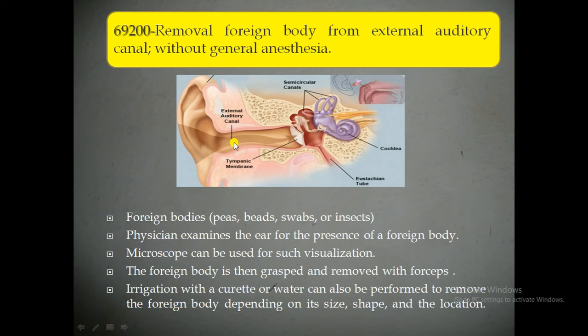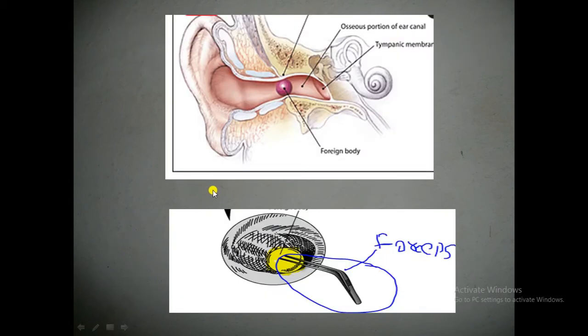So what are the foreign bodies that get stuck in the ear, like peas, beads, swabs, or some insects like that. Suppose a patient is visiting the hospital with a foreign body stuck in the external auditory canal. See here in the image, this is the foreign body. It gets stuck in the external auditory canal, right?